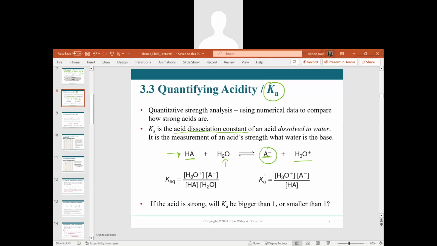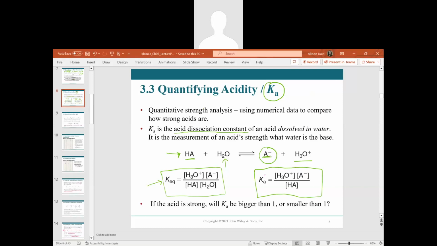When we look at the acid dissociation constant, we have this equilibrium established between the weak acid and water, and then the product side of the conjugate base and the hydronium ion. This would be the full equilibrium expression for this reaction if we included water. But we know that the concentration of water will not change, so we can leave that out of our expression, and that's why we have this more simplified Ka expression shown here.